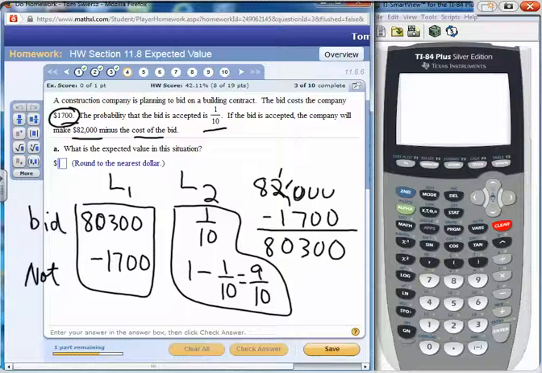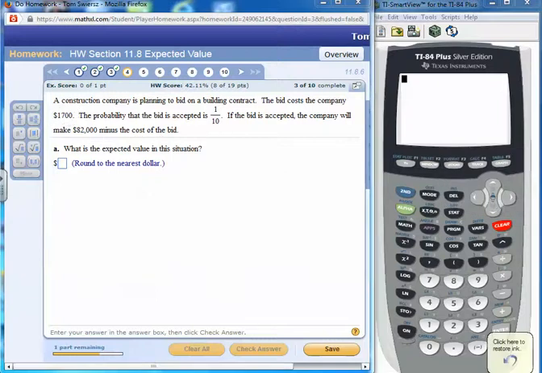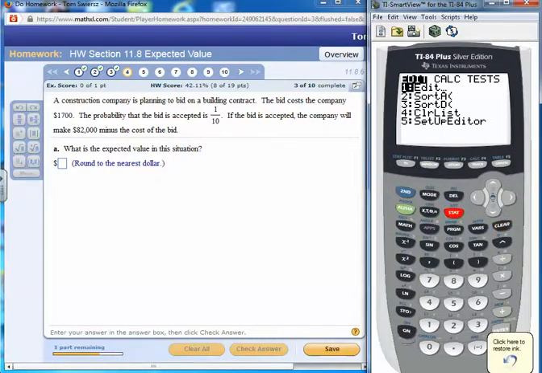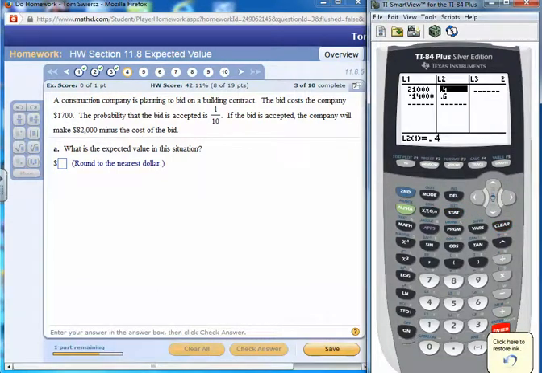Okay? So we'll go to stat, edit. Now we have to clear out our old values, and clear and clear. And okay, in L1 we had what?